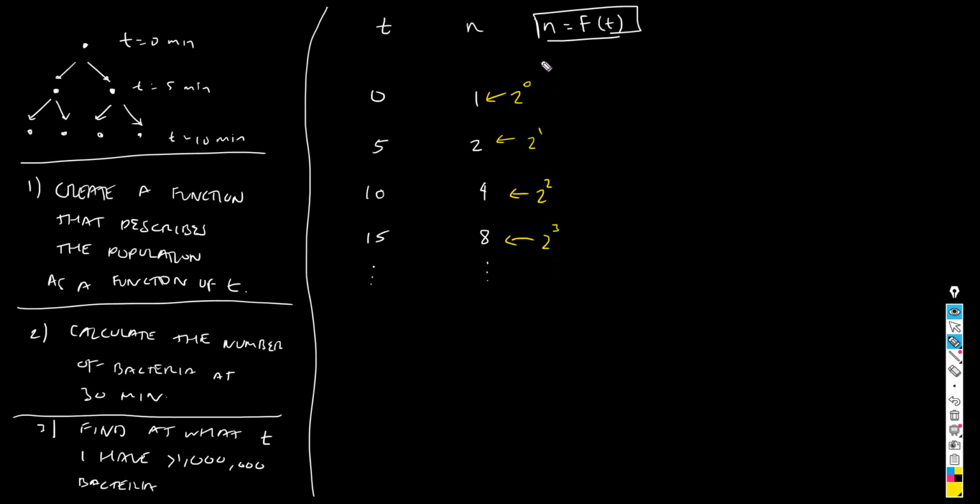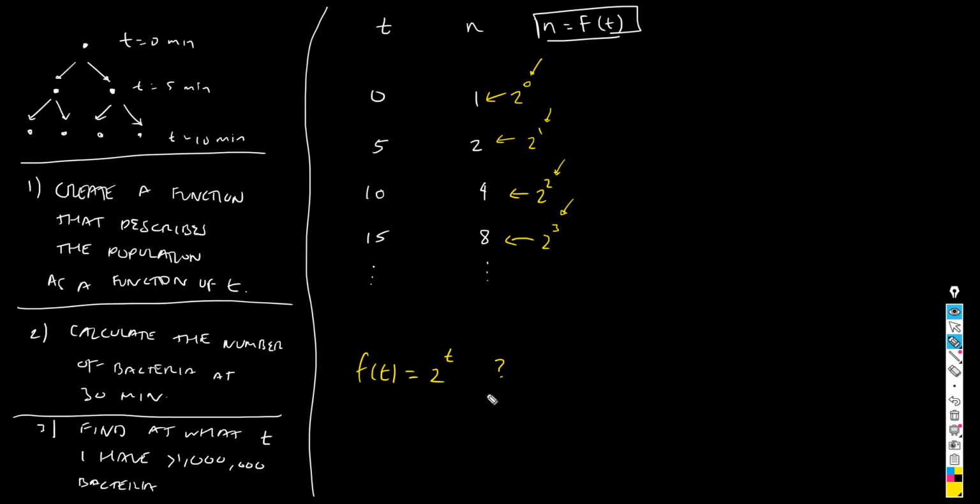So I already have a glimpse that my function will be exponential, because the only thing that is changing in these numbers is the exponent. And when the thing that varies is your exponent, you're talking about an exponential function. Now, what's going to be that function? Is it going to be f of t equals 2 to the t?